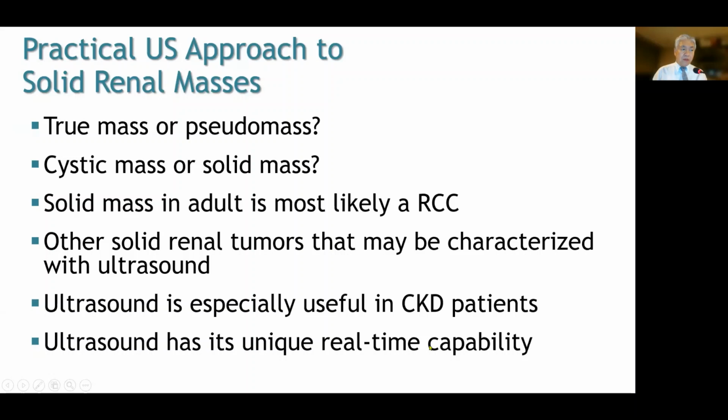But always we need to think about other solid renal tumors that may be characterized with ultrasound. And ultrasound is especially useful in chronic kidney disease patients, and always take advantage of the unique real-time capability of ultrasound.